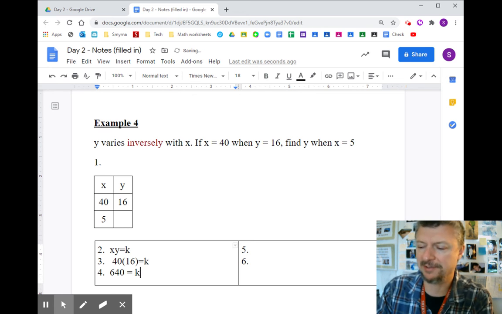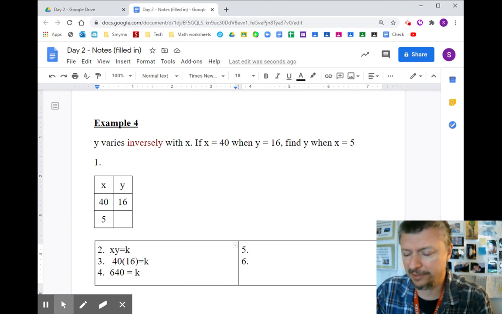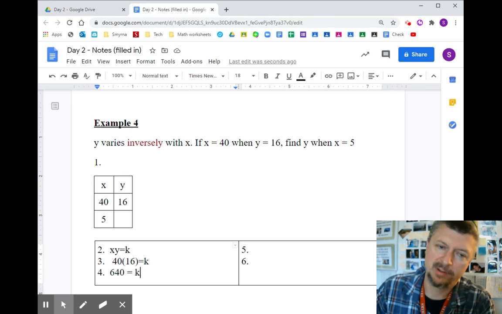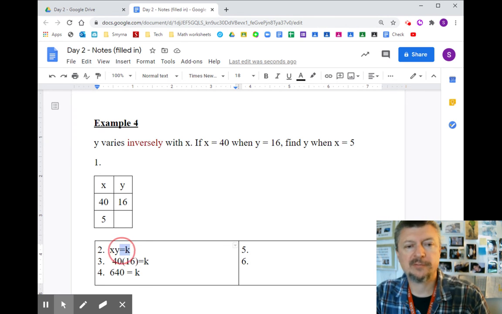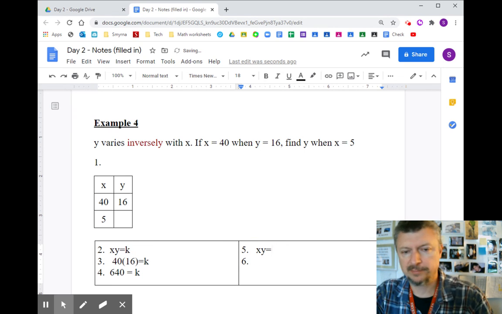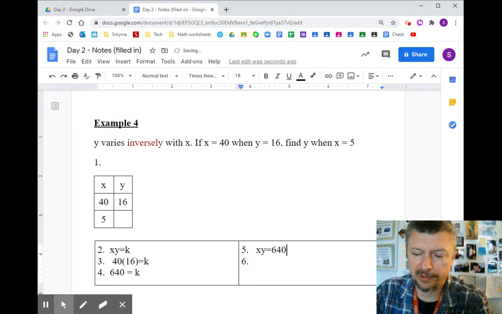Let's check the calculator. These are bigger numbers, but get a calculator here or on your computer. 40 times 16 equals 640. Okay. Step 5, we're copying the equation again, but we're putting in K because we know what K is. We just found it. It's 640. All right, so there's the equation.